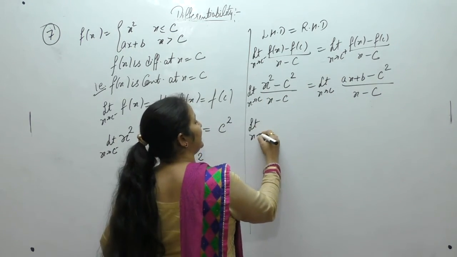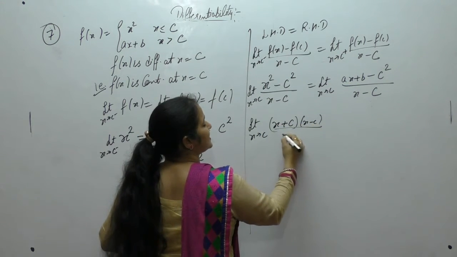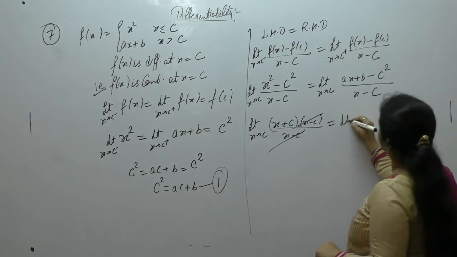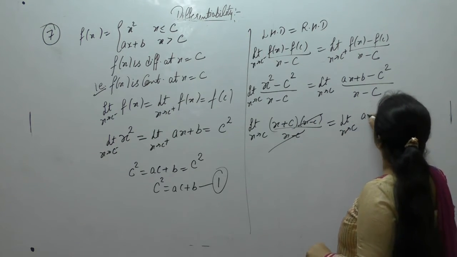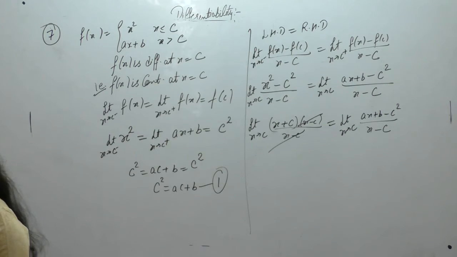So here we get x plus c, x minus c upon x minus c. It will get cancelled here. Limit x tends to c, ax plus b minus c square upon x minus c.